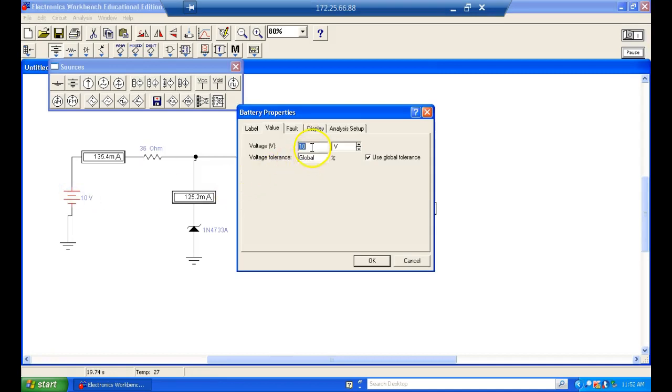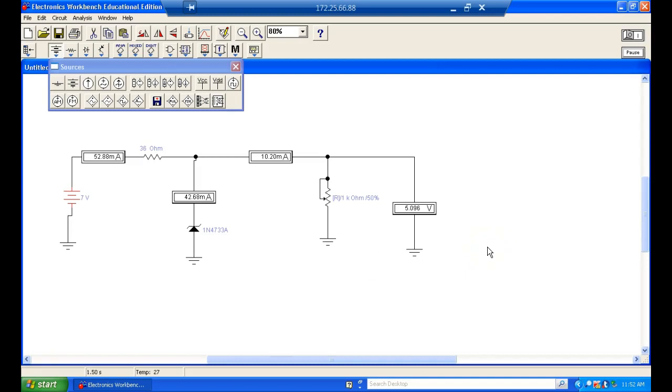So let's drop back down to 7 volts. And then we're going to raise our load current. What's our highest load current? Now notice the Zener current is going down, right? Load current's going up, the Zener current's going down.